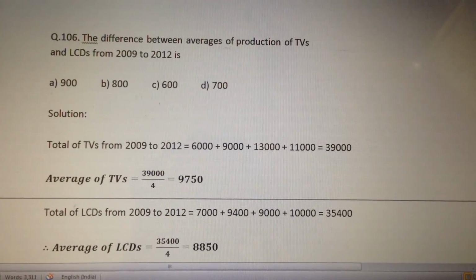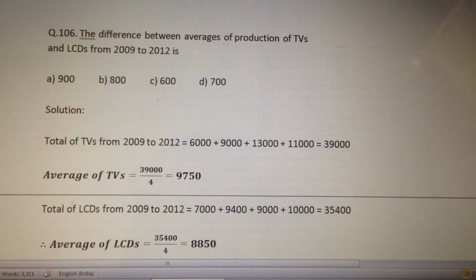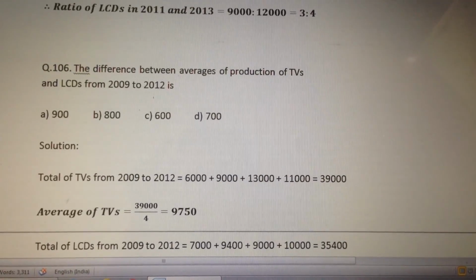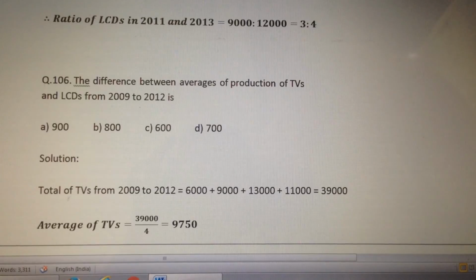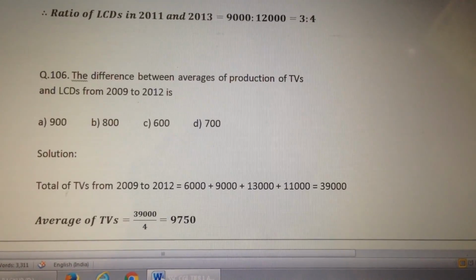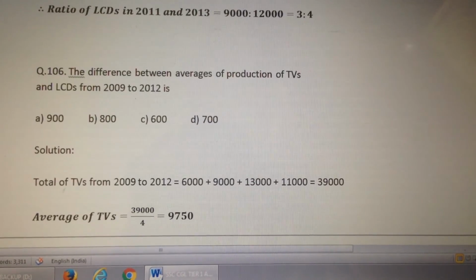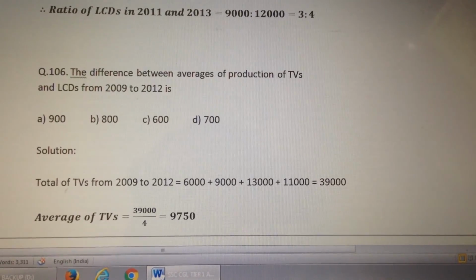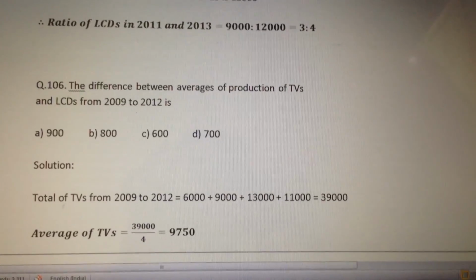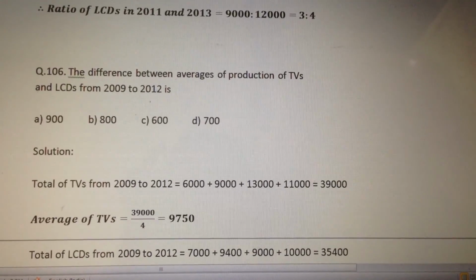Next, let us see another question. The difference between the average of production of TVs and LCDs from 2009 to 2012. Now, the total number of TVs from 2009 to 2012.